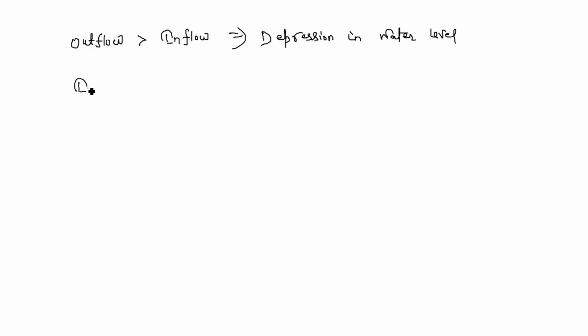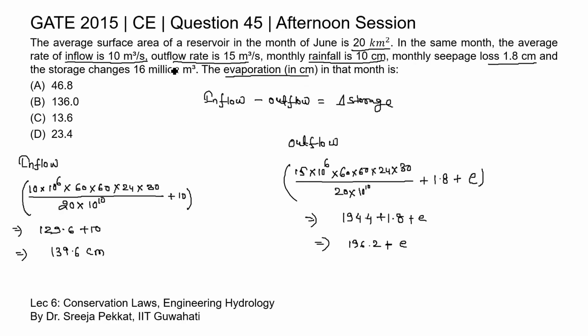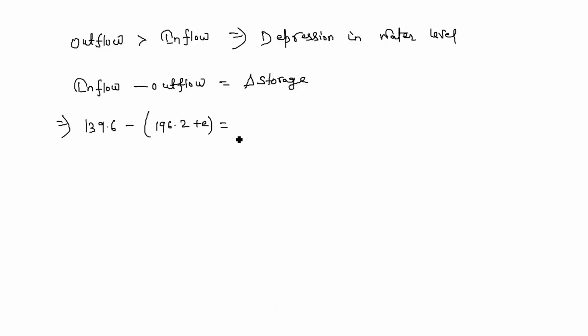So, we apply the water budget equation: inflow minus outflow is equal to the change in storage. Here, we got the inflow as 139.6. So, this is 139.6 minus outflow, which is 196.2 plus E. And since there is a depression in water level, we write the storage change as negative, so this is minus 16 million m³.